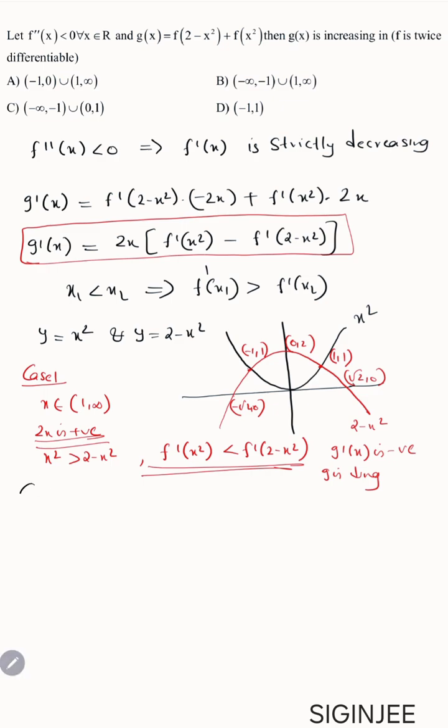Case 2: x belongs to (0, 1). In this case again 2x is positive. What about x² and 2 - x²? x² is less than 2 - x². So f'(x²) will be greater than f'(2 - x²). 2x is positive, and f'(x²) - f'(2 - x²) is also positive.